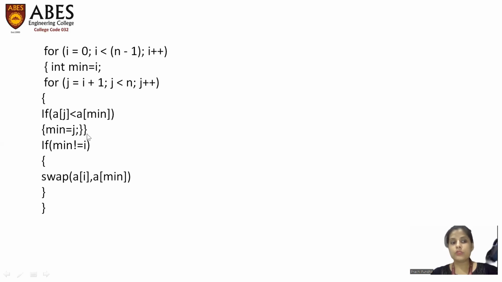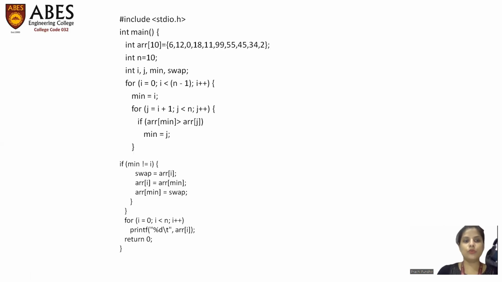And if min is not equal to i, then swap a[i] and a[min]. So this is the basic idea, and this will be implemented in the program. Elements will be input, the same loop will be there, and now the elements of the array will be printed by this.